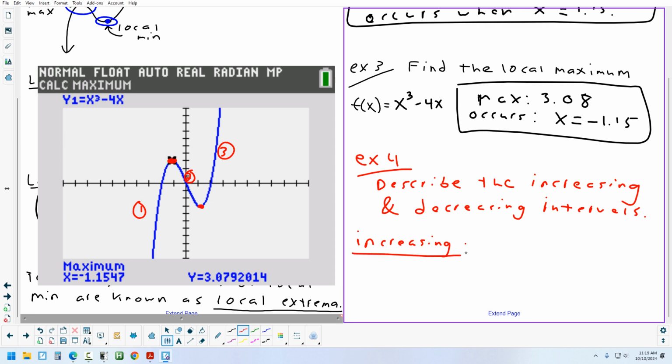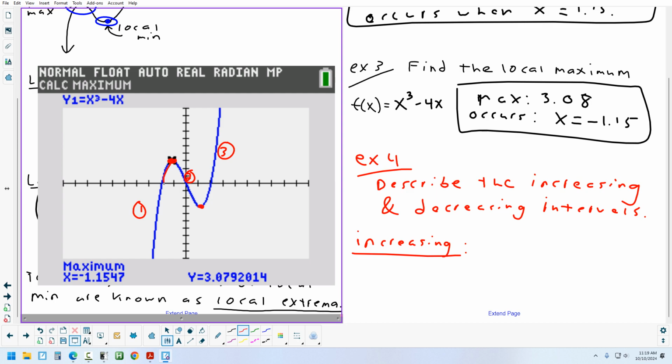Let's start. How far to the left does section 1 go? -2. So that means that section 1 would stop right there if it only went to -2. -3. So that would mean that it stops right there. So how far left does it go? Yep. Negative infinity. That section just keeps going to the left forever.